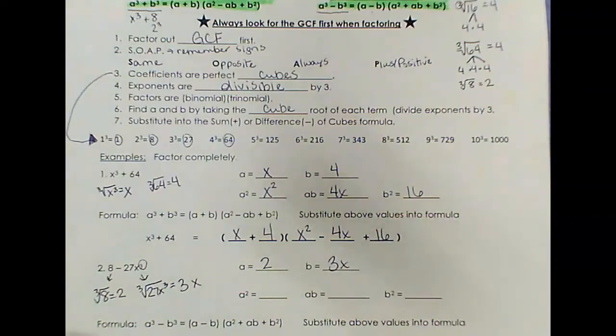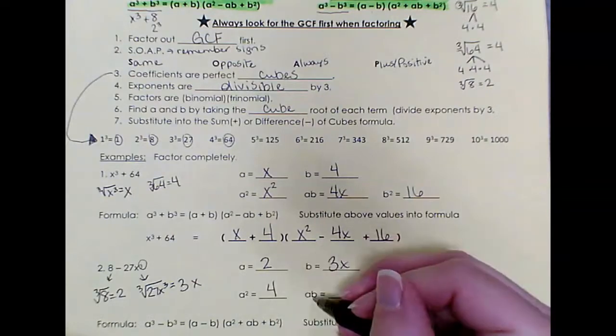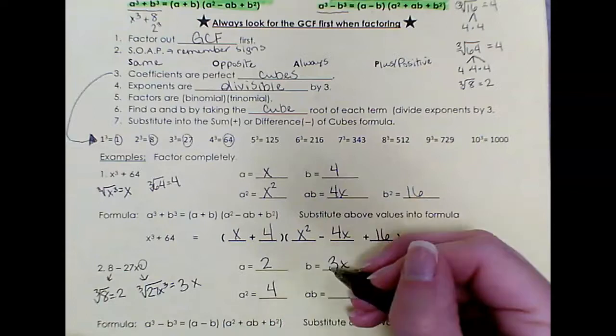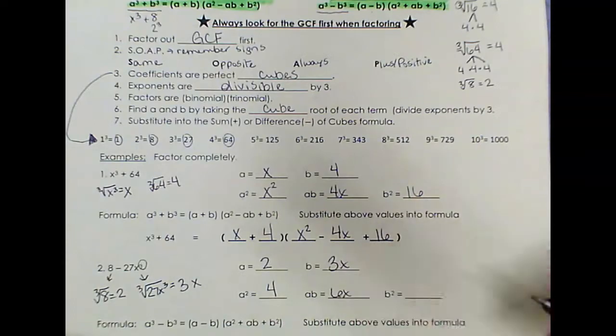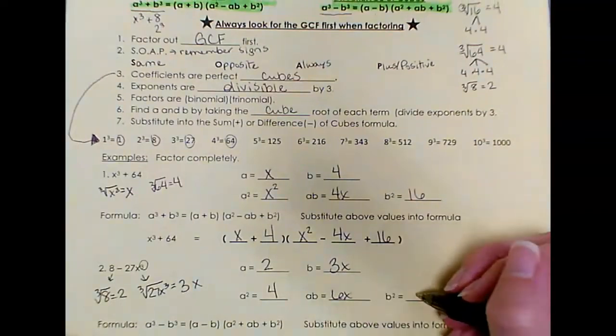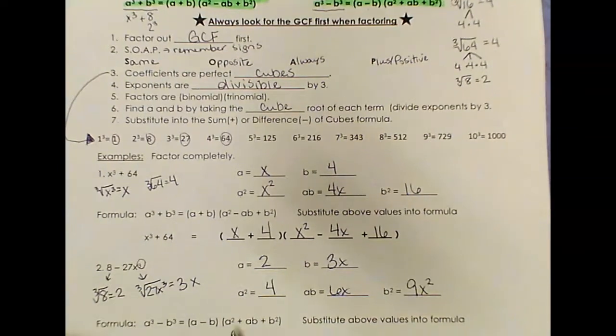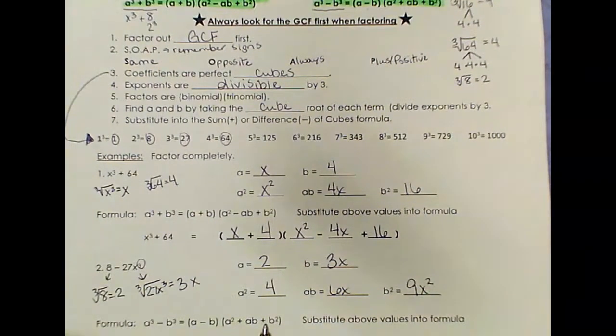If I combine a and b the way that I'm supposed to in my formula, a squared is 2 squared. ab is a times b. And b squared is 3x times 3x. So 3 times 3 is 9, x times x is x squared. This is a difference of cubes, so my formula will have a minus sign, a plus sign, and then always a plus sign.